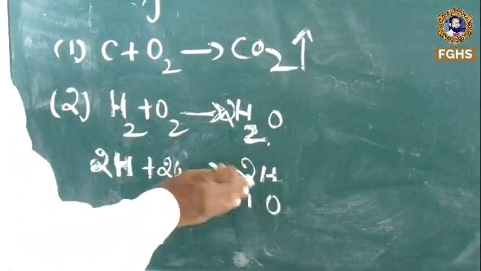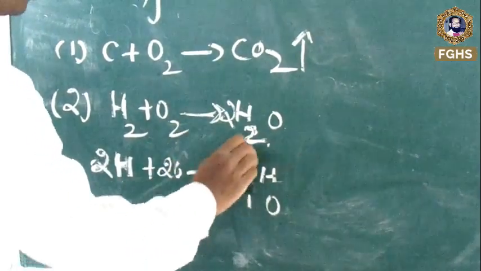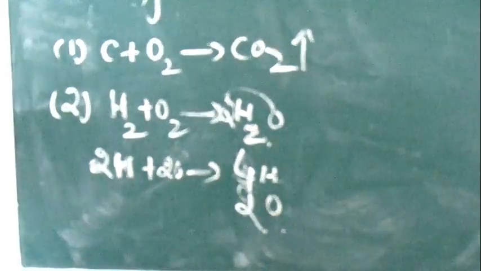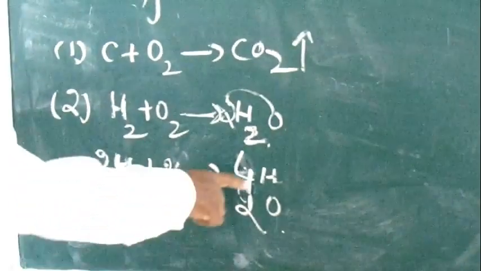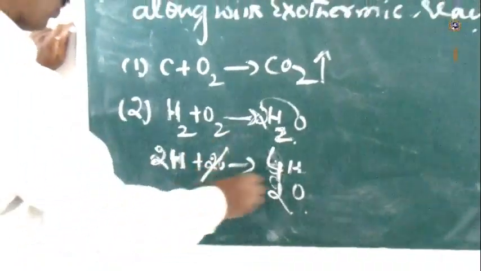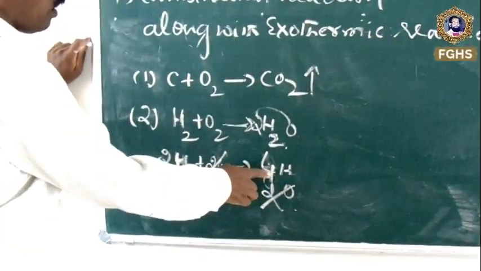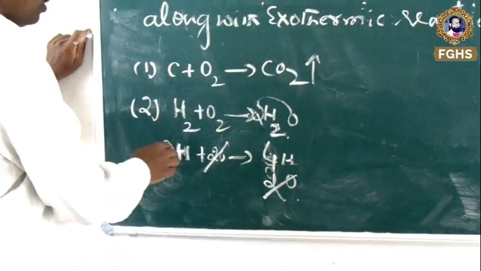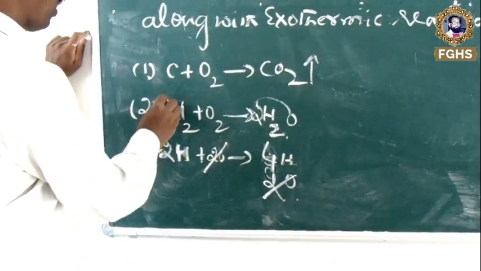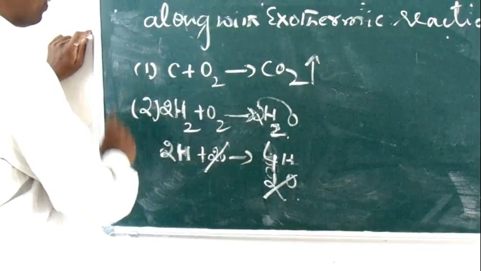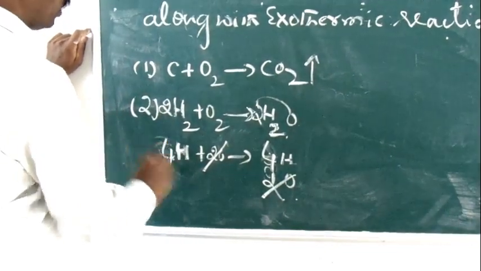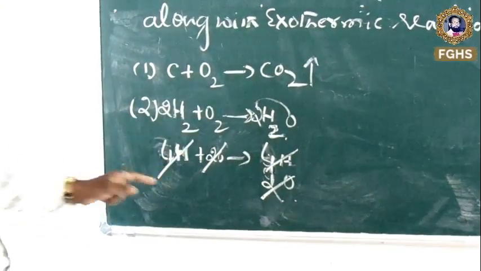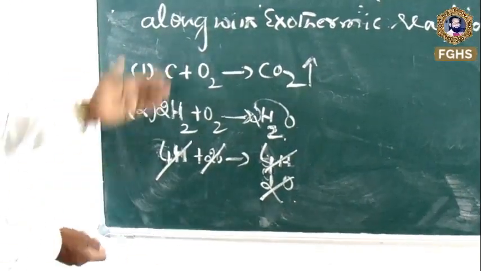So it becomes 2 twos are 4H and 2O. Now 2O is balanced, but here 4 hydrogen is there, while here only 2 hydrogen is there. In order to make it 4, I am going to add 2 here. Then it becomes 4H now. So the equation is balanced. This is how we can balance this equation. Now you understood this.